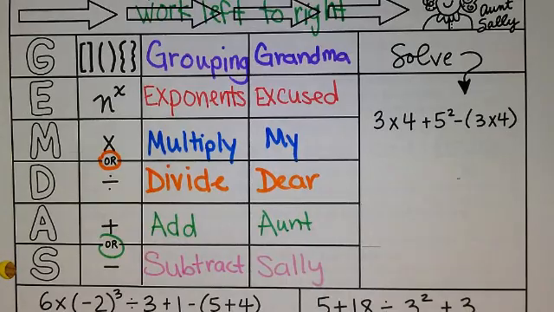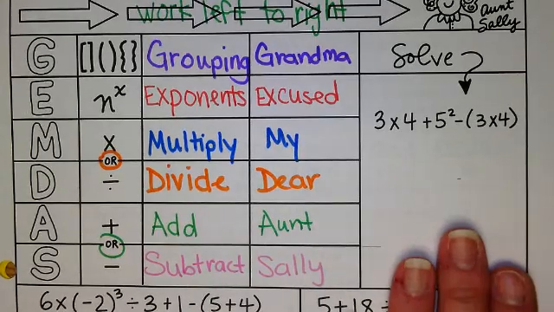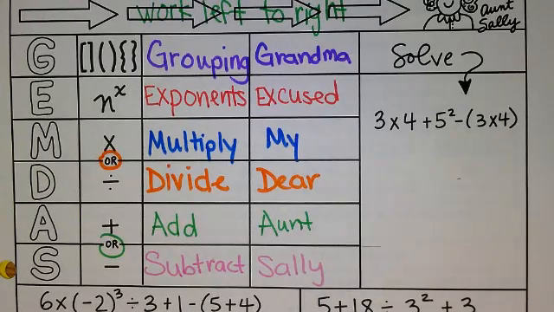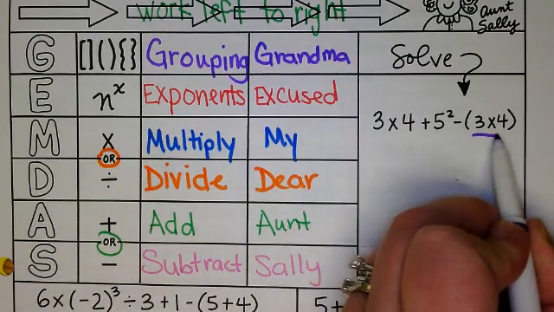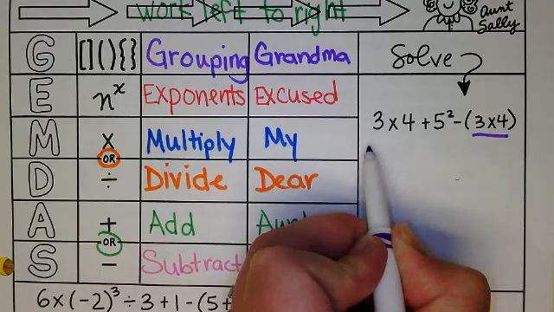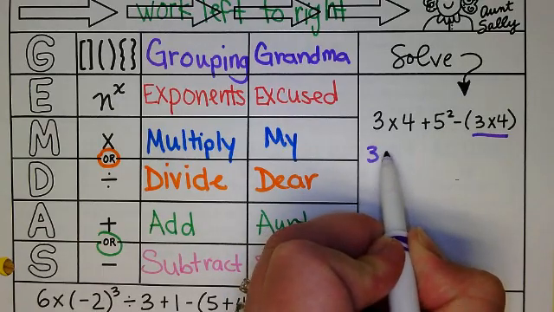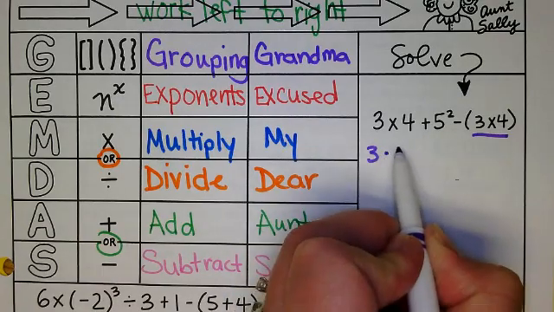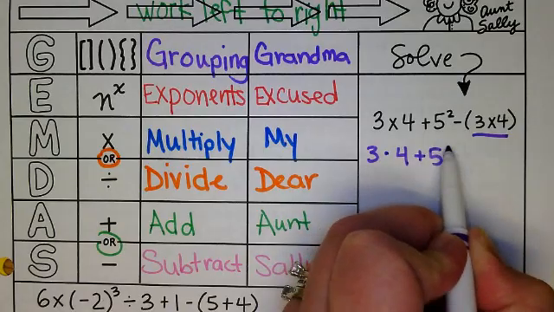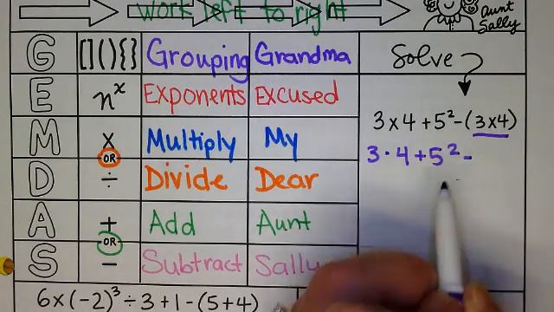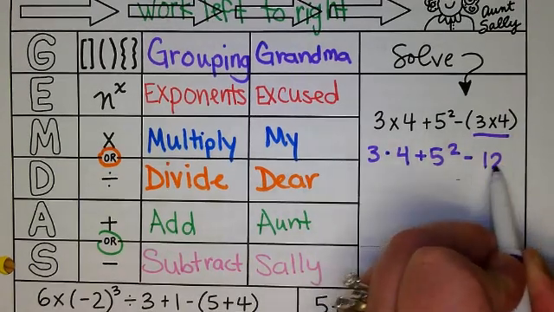All right, so we're going to solve this one together. Let's go through the steps. First question, do we see grouping? I see grouping right here. I'm going to rewrite it. So 3 times, I'm going to change this out with a dot. 3 times 4 plus 5 squared minus, and 3 times 4 is 12.